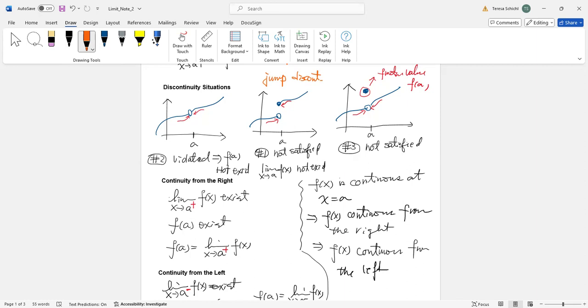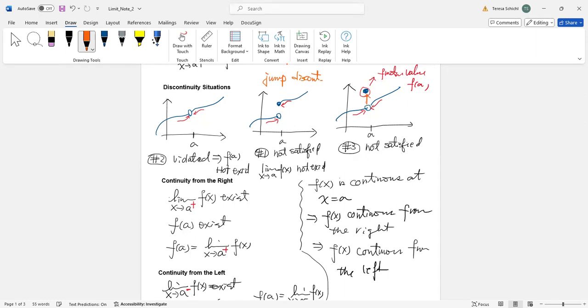Here, this one is the function value, and this is a different type of jump, because there is an empty point and a gap in between.